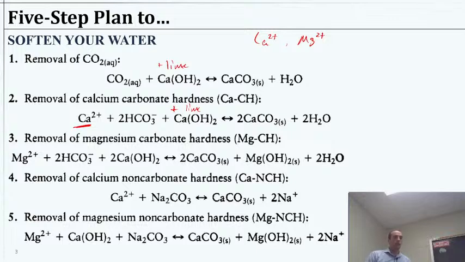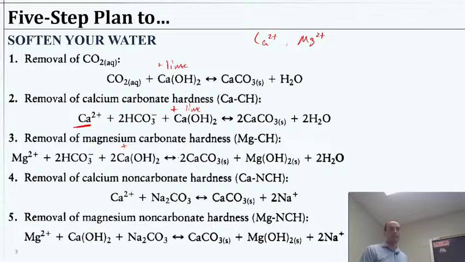Next up, we remove the magnesium carbonate hardness. It's kind of the same deal. We have some magnesium in solution. We still have some bicarbonate. If we still have some bicarbonate, this would be relevant. And we're adding more lime.